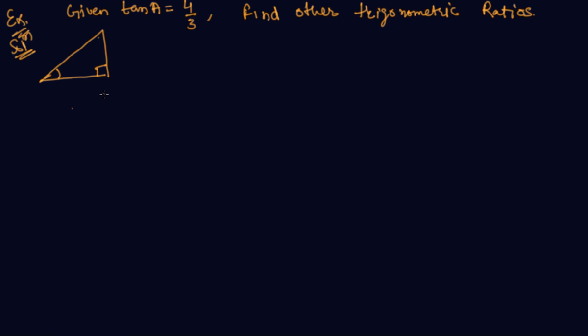So students, here is the question in which we are given that tangent of A is 4 by 3. As I told you, the formula of tangent of A is always perpendicular by base. So I have drawn here a diagram of a triangle in which angle A is this, B is this, and C is this.